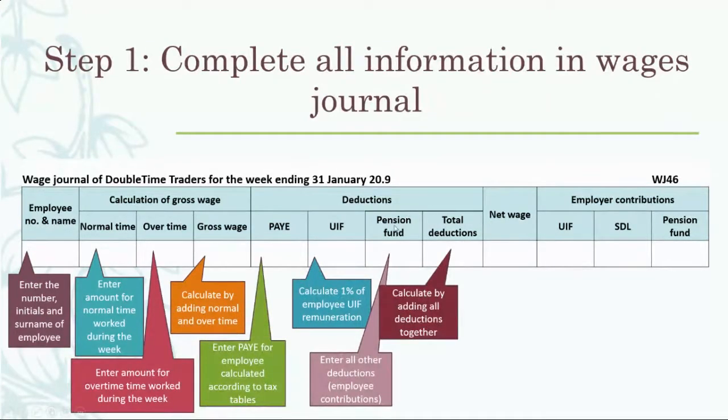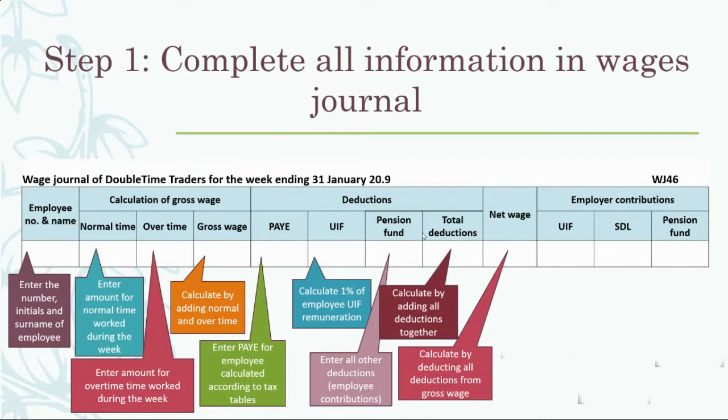Then your pension fund would generally be a weekly contribution based on their salaries, and your total deductions would be exactly the same. You add the pay as you earn, UIF, pension fund. Okay, and your net wage would be your gross wage less your total deductions, similar to our net salaries.